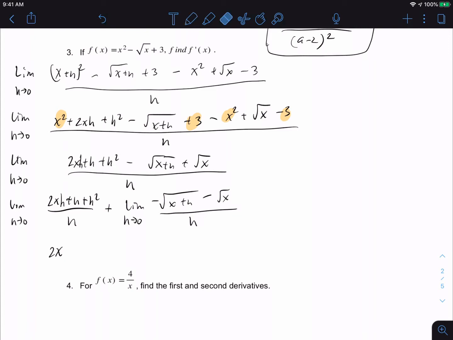Oh, that's why I was sloppy. Silly me. This should be 2xh, and I put a plus in between there for some reason. That h shouldn't be there. Thank you. So I end up with 2x plus h, right, after canceling out the h's, and this is just going to become 2x. Okay, so 2x plus whatever this thing's going to end up being.